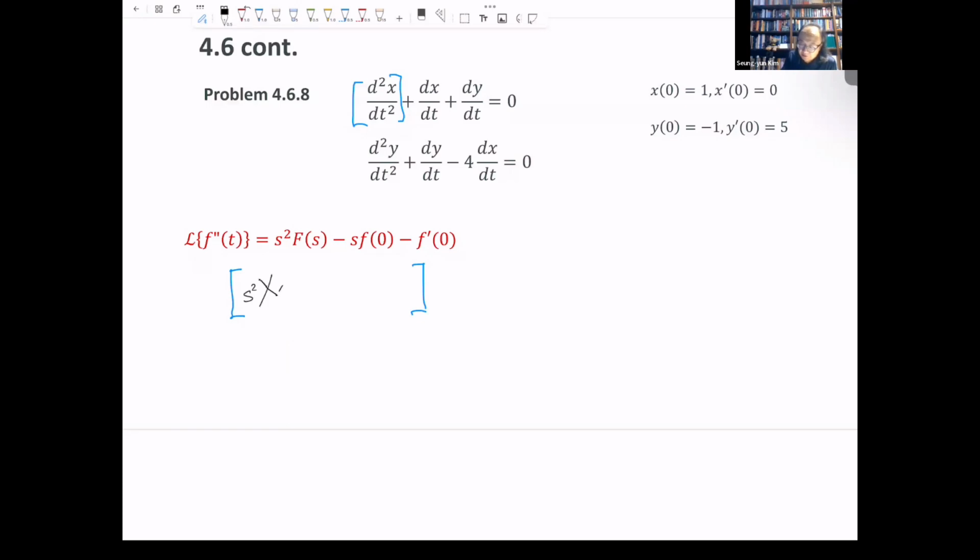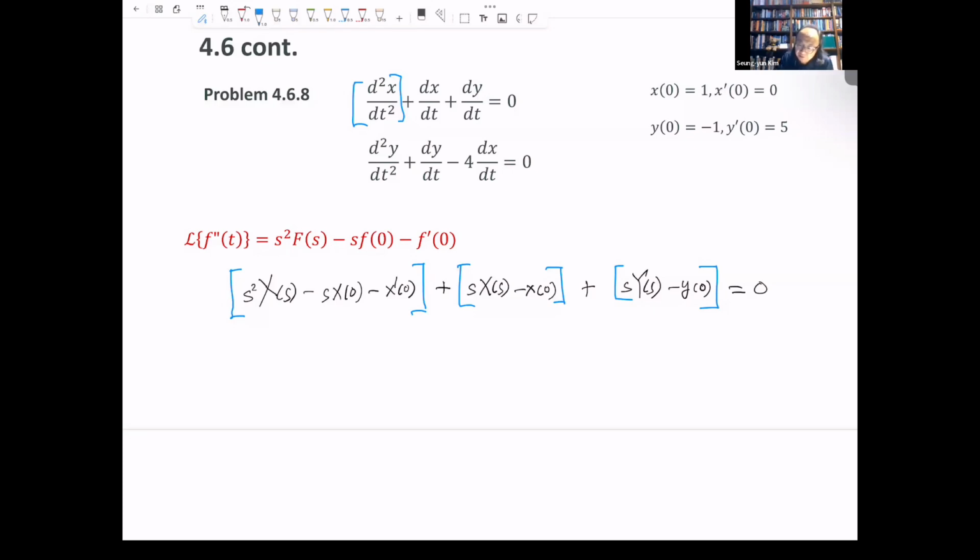This one is x of s minus sx of 0 minus x prime of 0, plus sx of s minus x of 0, plus sy of s minus y of 0 equals 0. That's the first equation.